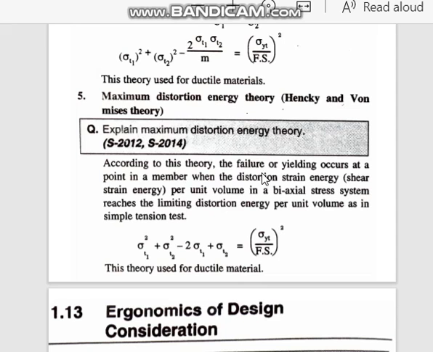This theory says the failure occurs at a point in a member when the distortion strain energy or shear strain energy per unit volume reaches the limiting distortion energy per unit volume in a simple tension test. The simple tension test has determined the maximum distortion energy per unit volume this material can have. If that is reached in this material, then failure occurs. That's what this is saying.